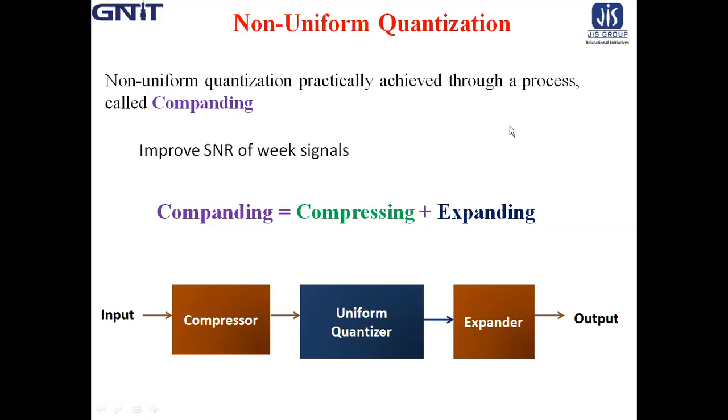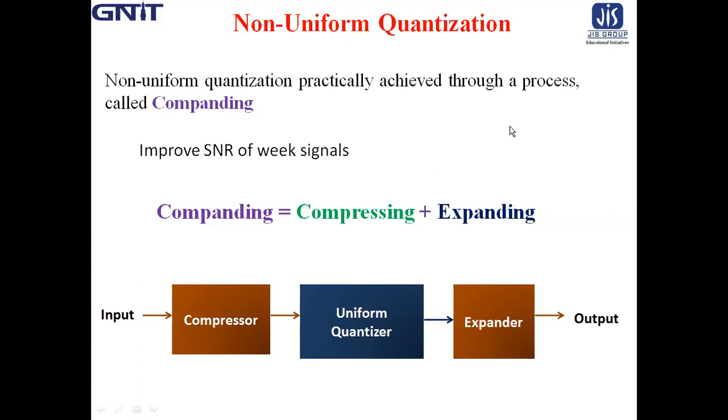It is variable and depends on the amplitude or slope of the input signal. So non-uniform quantization is practically achieved through a process which is called companding. It is a very important term, companding. Companding is nothing but non-uniform quantization.